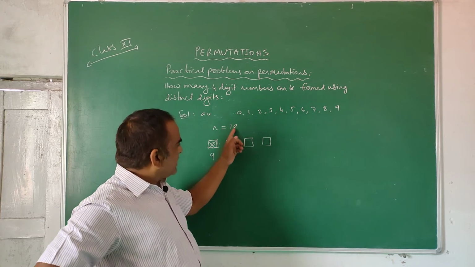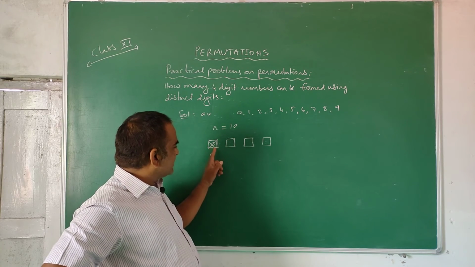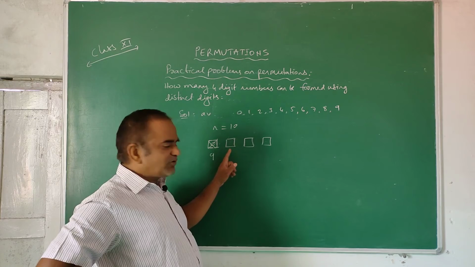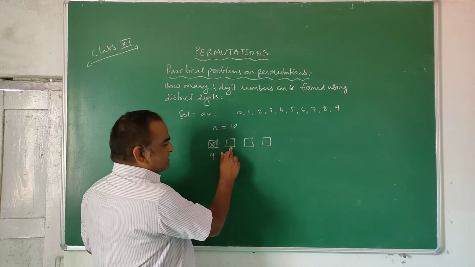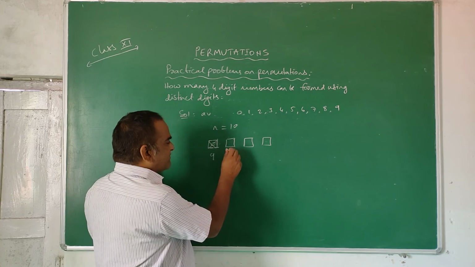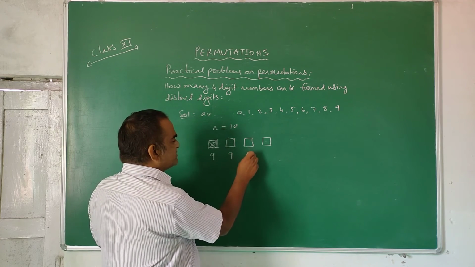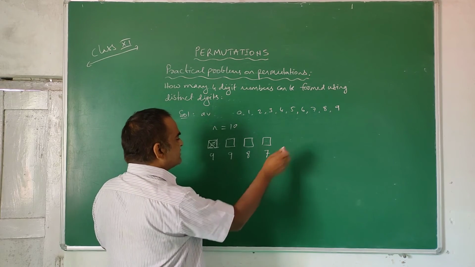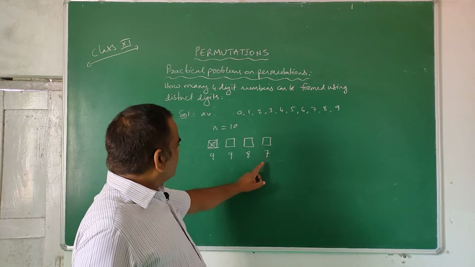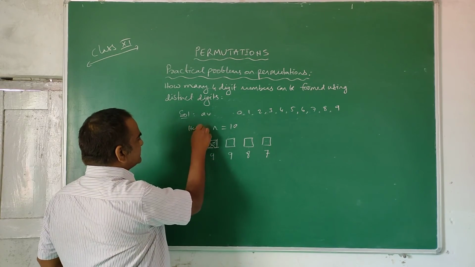Now there are 10 digits, and among them you have used 1 digit here. So how many are left over? 9 digits are left over now. Are you following? So this second position can be filled with any of those 9 digits, this third position with any of the 8 digits available, and the next with the 7 digits available. So here n is 10.